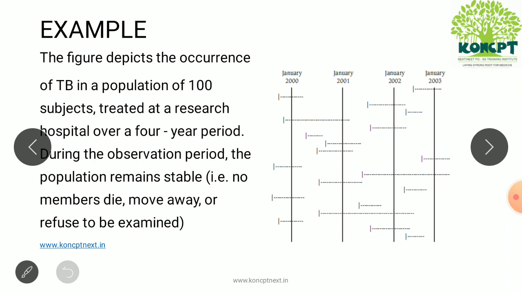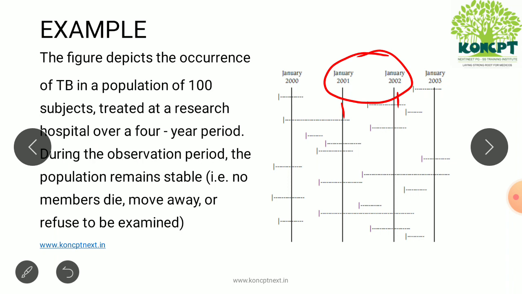So with an example, what is point prevalence and period prevalence? For a period of January 2001 to 2002, this is period prevalence I'm talking about. During the period, how many cases were there? The lines which are passing through January 2001 and 2002 will be included in the period prevalence.